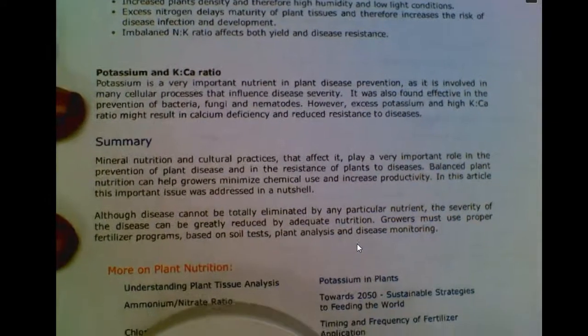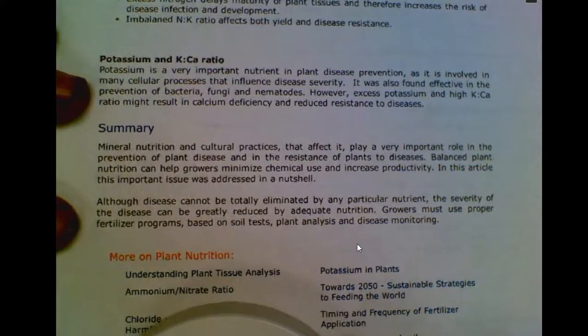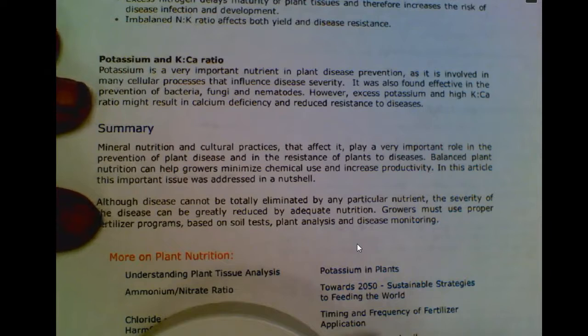But you can't eliminate diseases by just adding one particular nutrient. You can decrease the severity of the disease by having adequate nutrition. So growers have to use a proper fertilizer program based on soil tests, plant analysis, and disease monitoring.